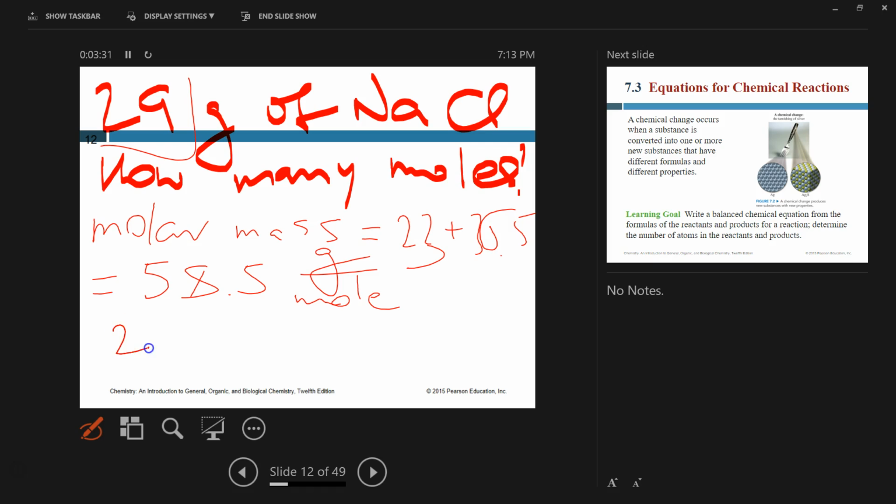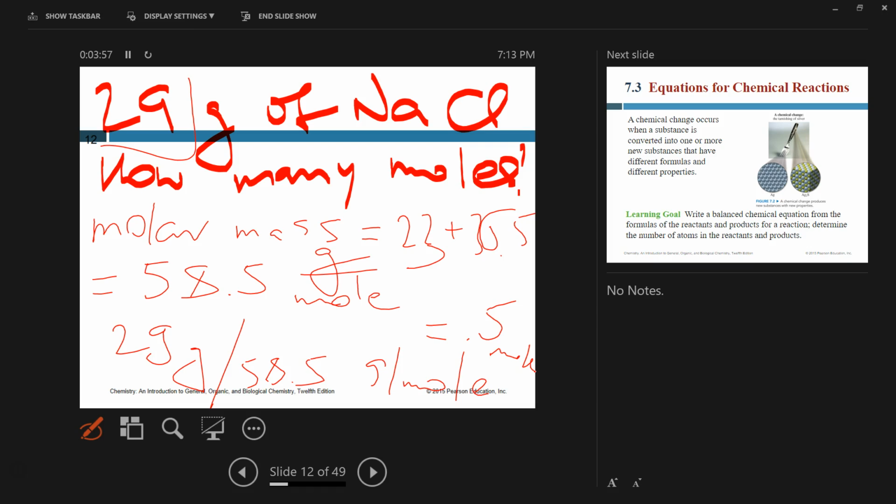So 29 grams, let's say it's 29, divided over 58.5 grams per mole will give you approximately 0.5 mole. Does that make sense?